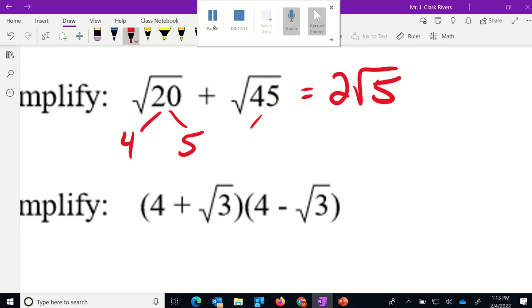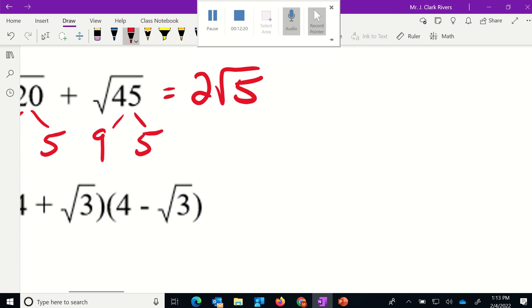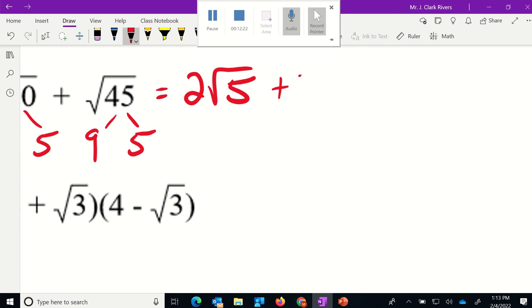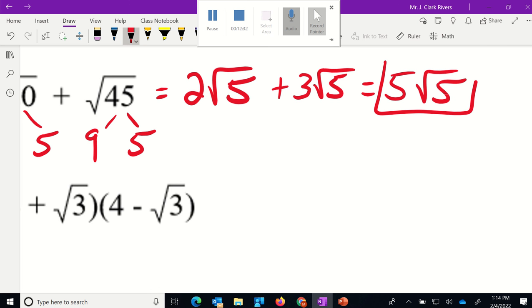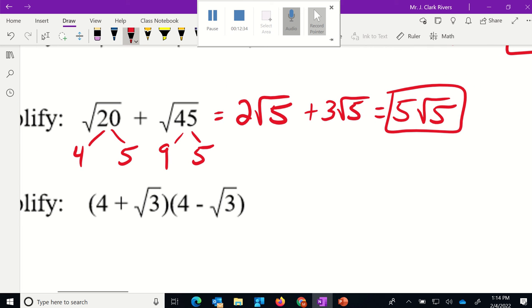And then 45, do we have any perfect square factors here? Yeah, that's 9 times 5. Square root of 9 is 3. So 3 root 5. 2 root 5 plus 3 root 5 is 5 root 5. Questions on that problem?